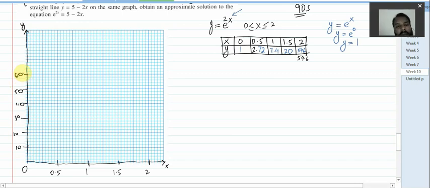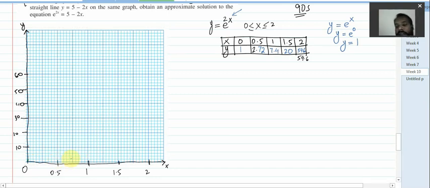And now I'm going to plot the points here. I'm using a green pen to plot the points. At 0 it's 1, so it will be like here. When x is 0.5, it's 2.7, so that means the first box, this one.